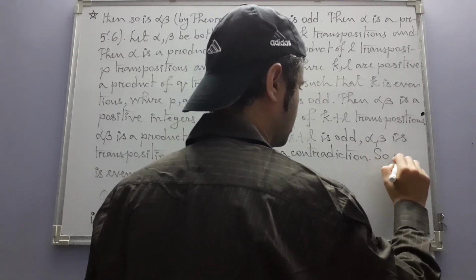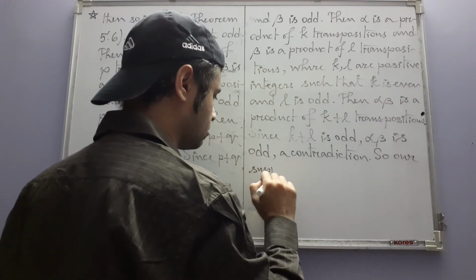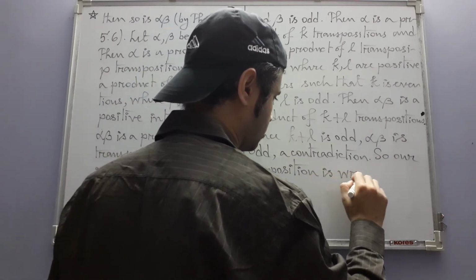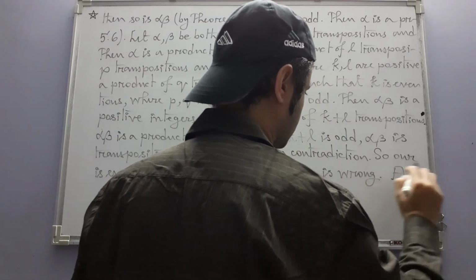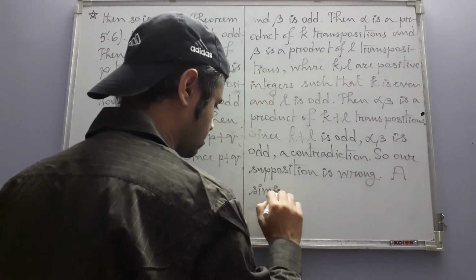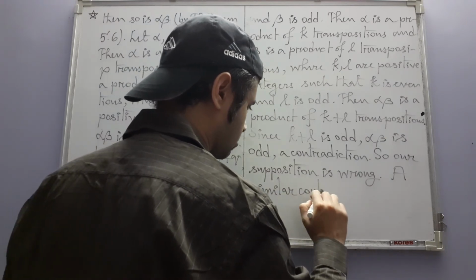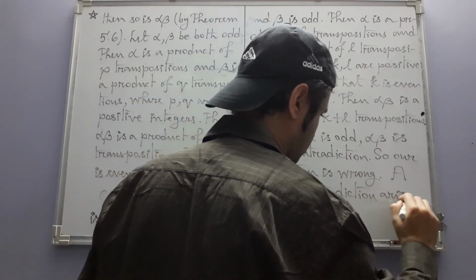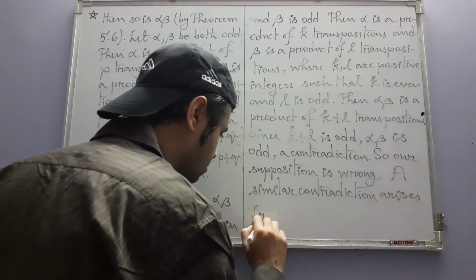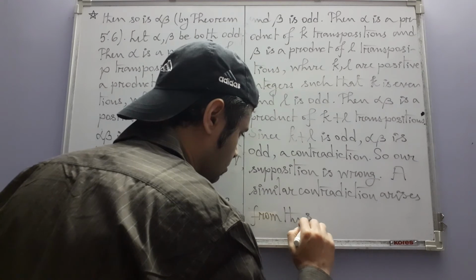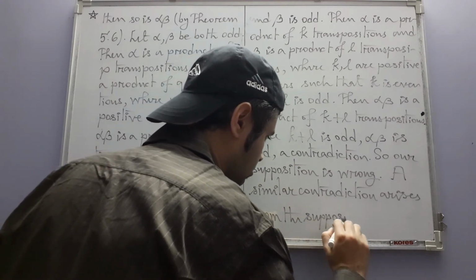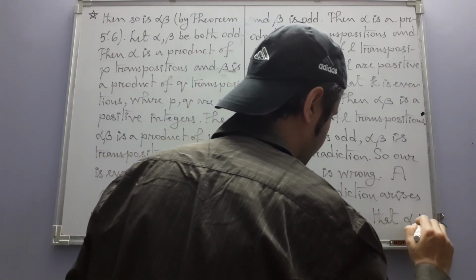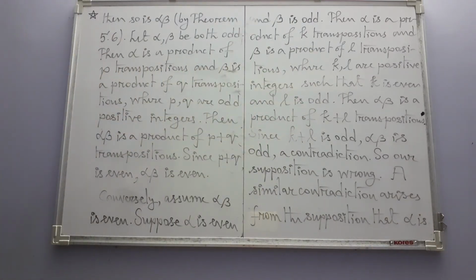So our supposition is wrong. A similar contradiction arises from the supposition that alpha is odd but beta is even.